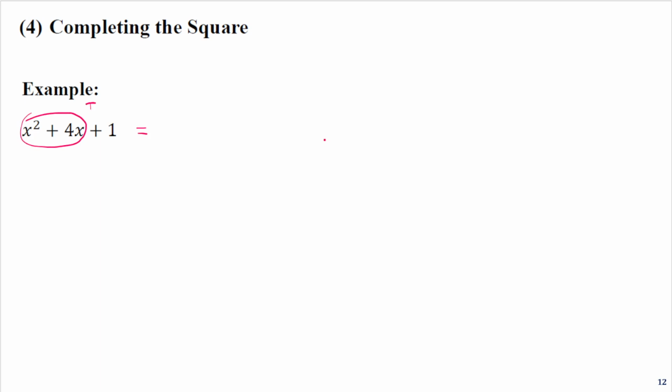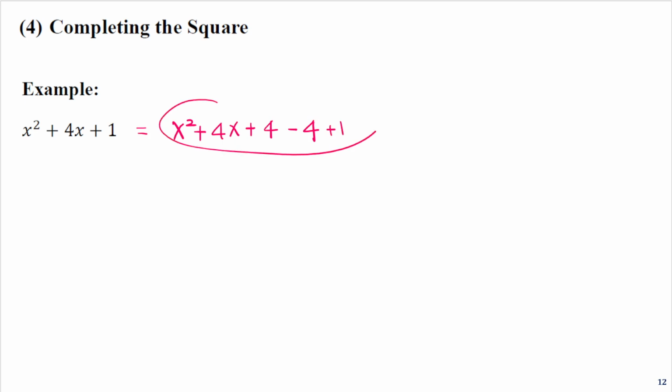Well, if you put a 4 here, then x squared plus 4x plus 4 will give us x plus 2 squared, right? So we can rewrite this to x squared plus 4x, well, plus another 4, right? Well, if you add an extra 4, remember to compensate that by adding a negative 4 as well, in order for the new expression to be exactly the same as the original one.